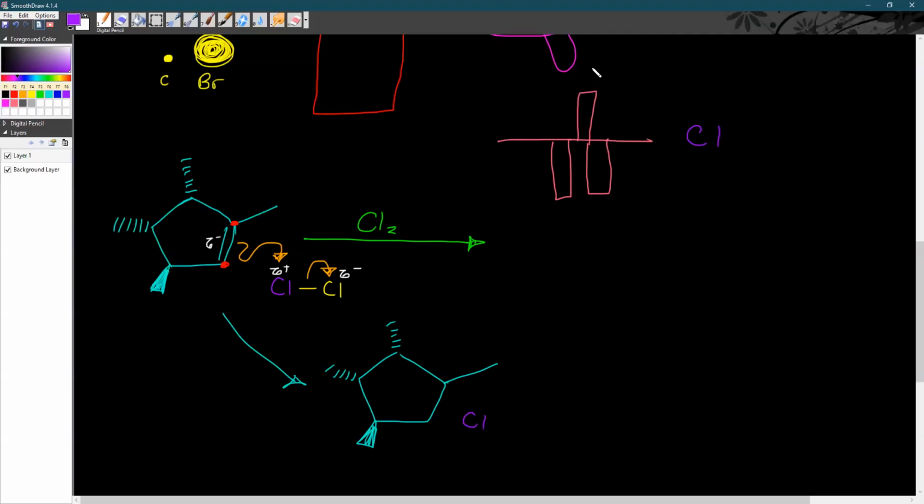Well, it's most likely going to be the top, right? So our chlorine is going to be forming on the wedge. Okay. We know that we're going to have this leftover chloride ion.